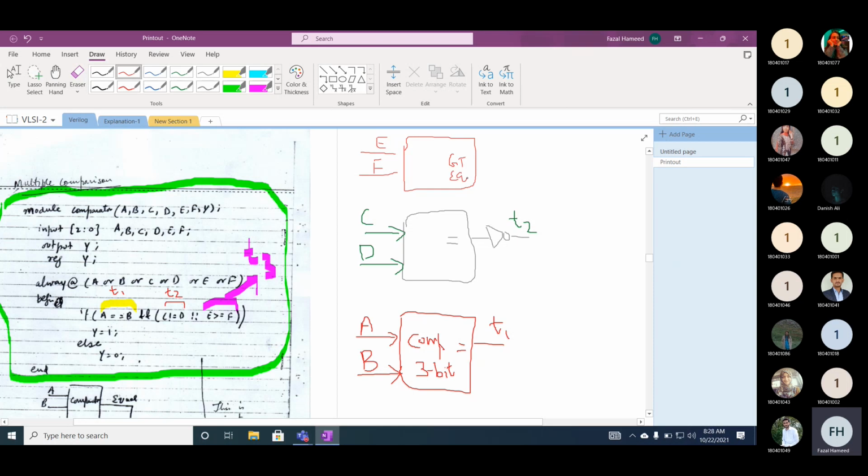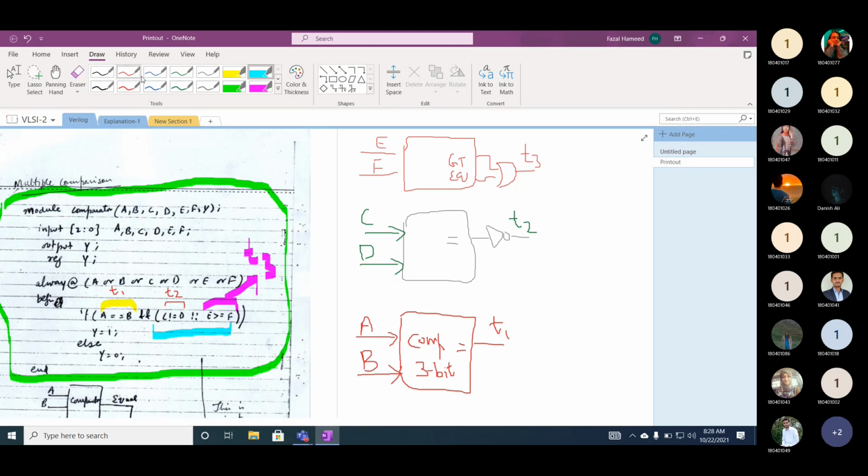There are two outputs, GT or equal. So now we can use an OR gate. Okay, what is the output? T3.